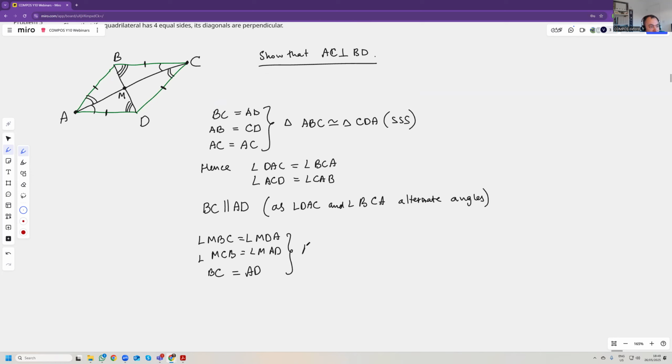And that means that triangle MBC is congruent to triangle MDA by the angle side angle congruence.